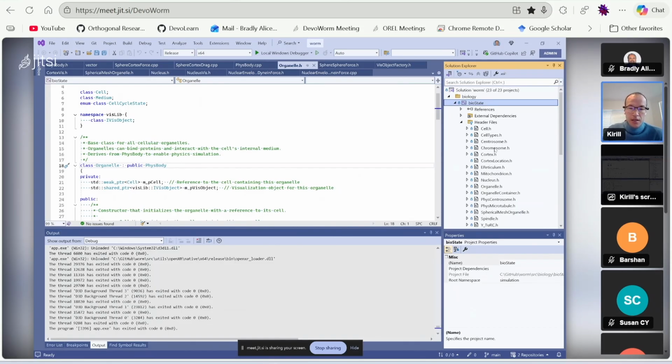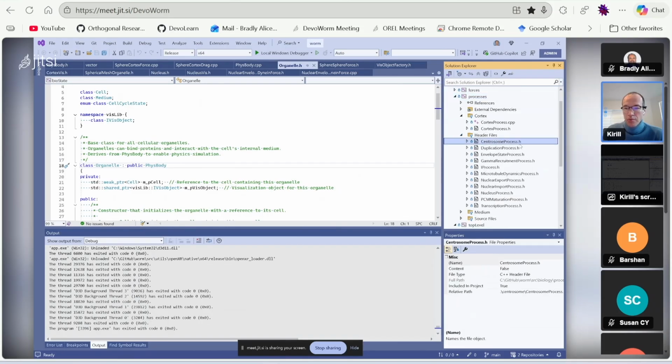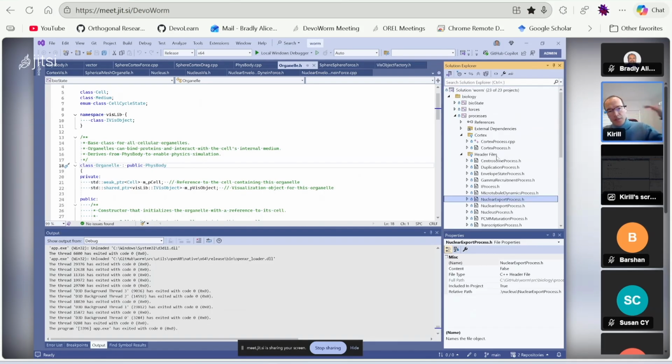This is just data that represents the state of the cell, and all the functions are in the folder called processes. If we open it, we can see, for example, a centrosome process, envelope state process, microtubule dynamics process, and so on. These are all processes. They run every simulation step, one after another, and they modify this biostate in some way.